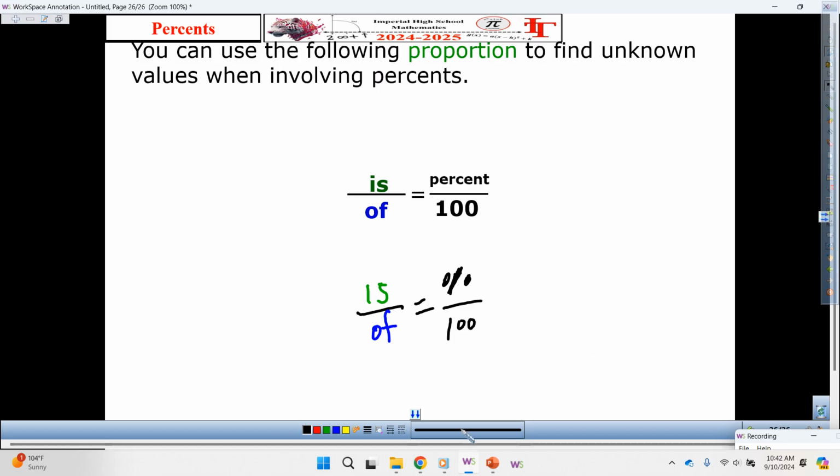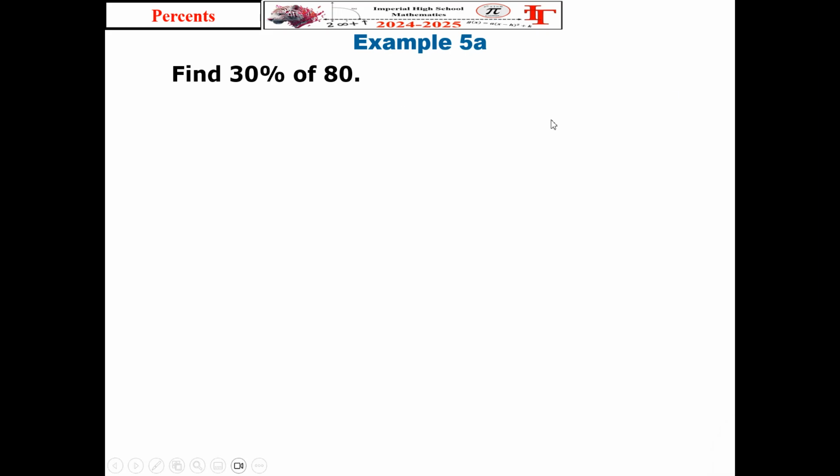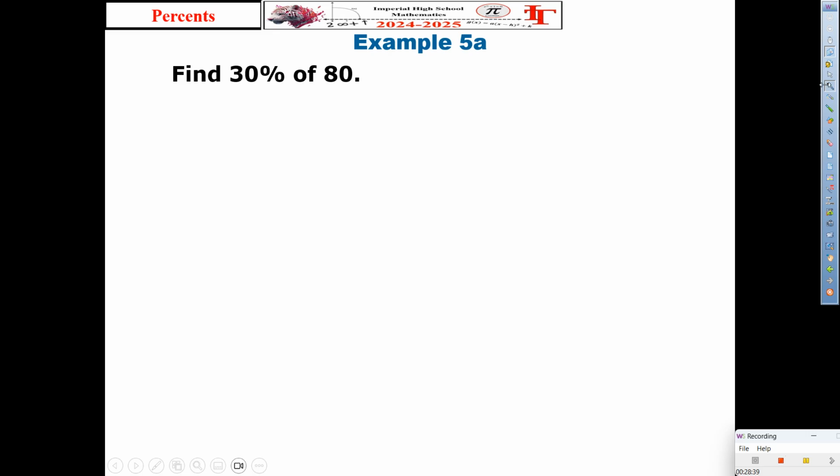I'm going to be using this format so that I can find percentages given a situation. Example 5A. Pay attention. Look up to the screen, put your writing utensils down. Focus. Ready? All right. So, 30% of 80.